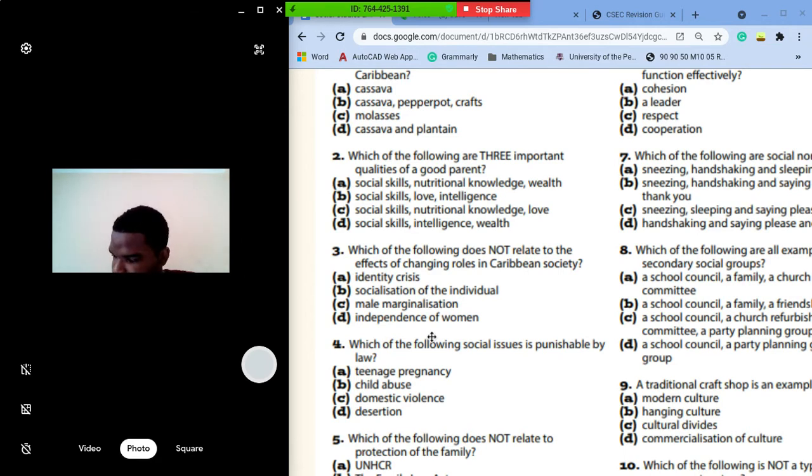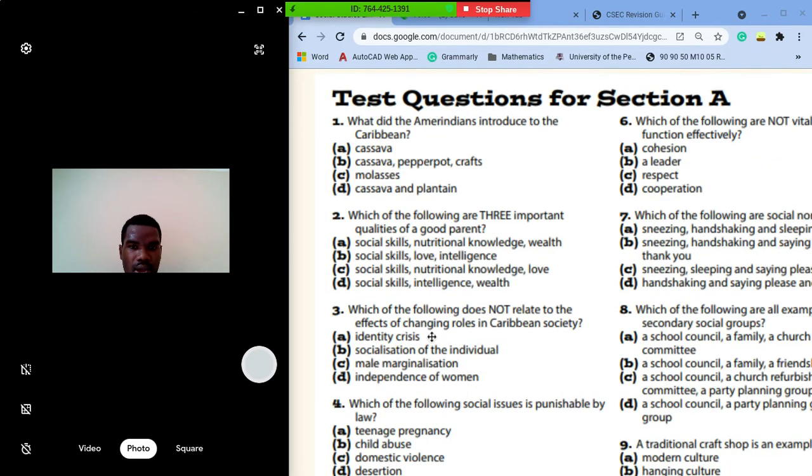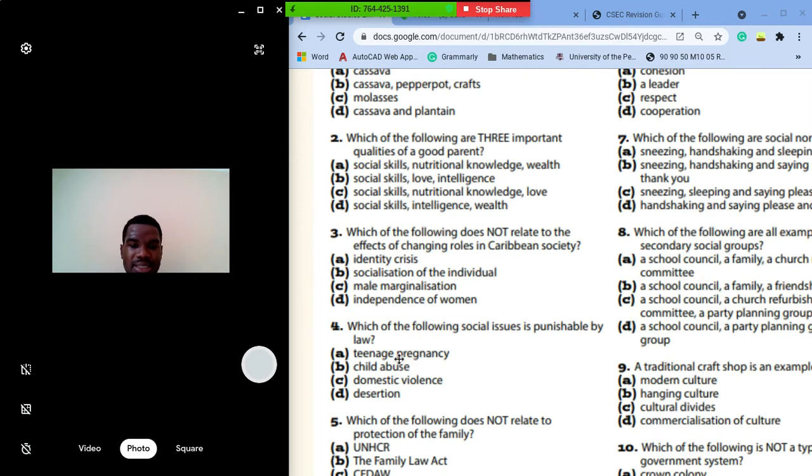Wouldn't B, C, and D, wouldn't the three of those be punishable by law? Desertion is when the father just leaves the household, and it is not necessarily a case where it endangers the child, so it's not punishable by law. For question 4, the answer would be C, domestic violence.